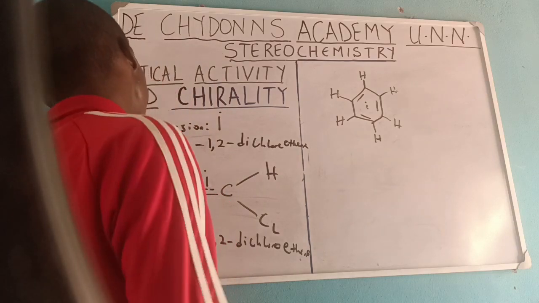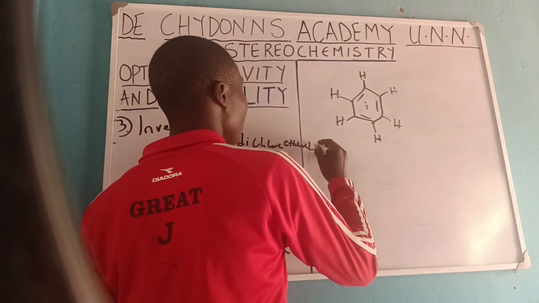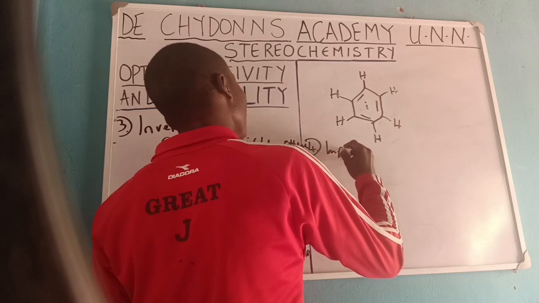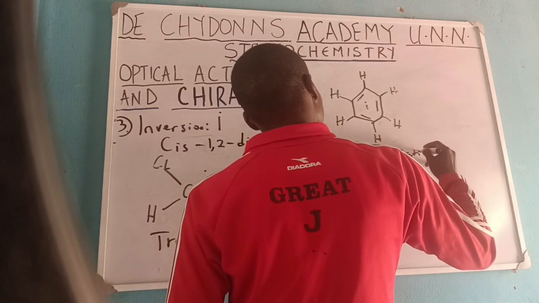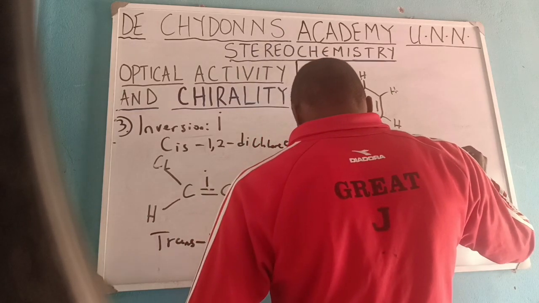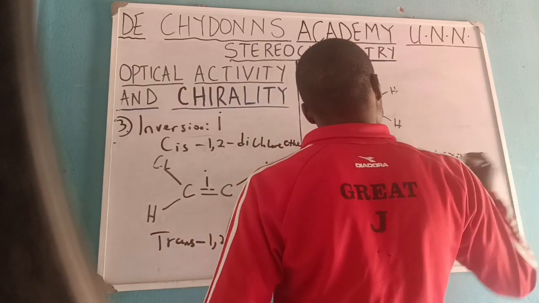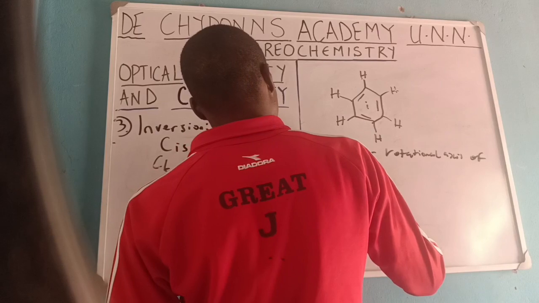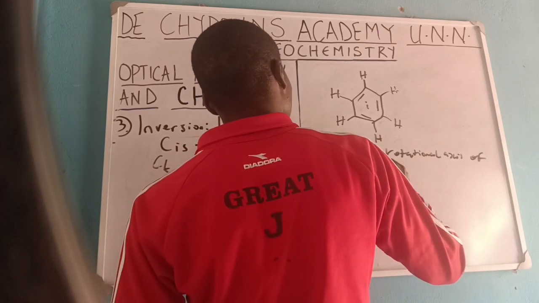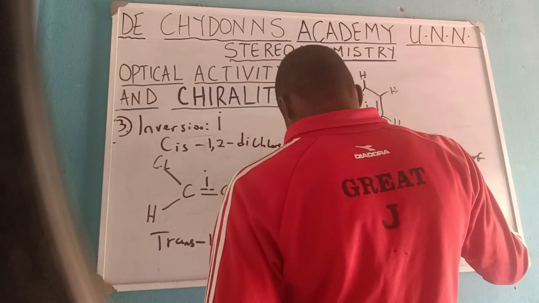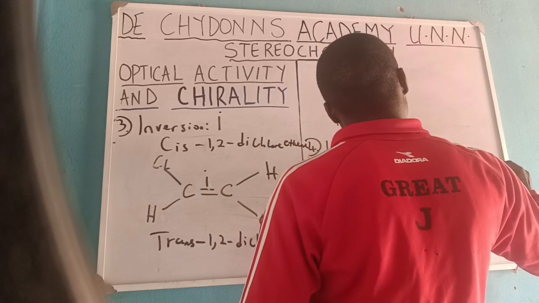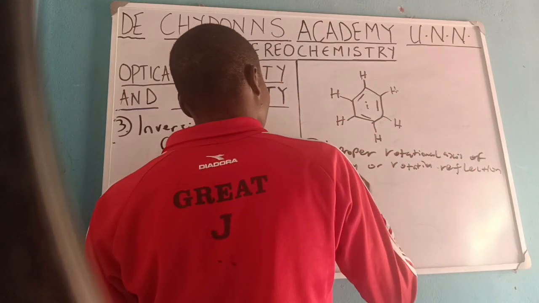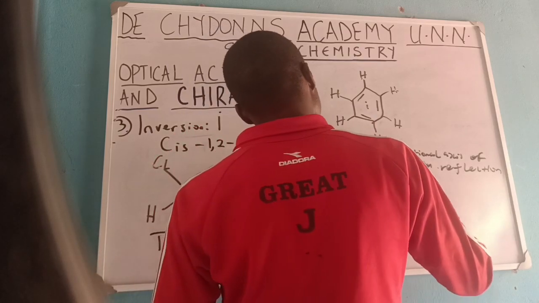So the other symmetry operation we have is the improper rotational axis of symmetry, or you can also call it the rotation reflection axis of symmetry.